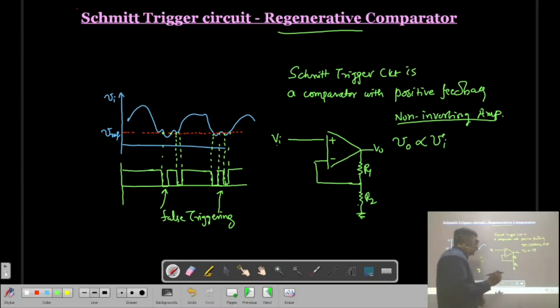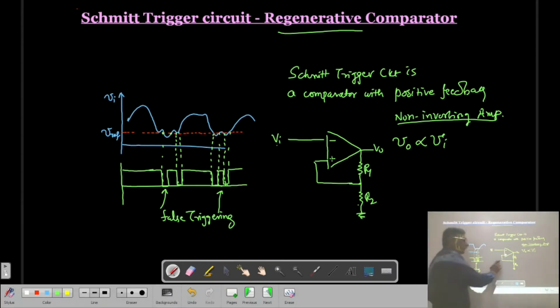But now here, if I interchange the polarity of this, so that this one is negative and this one is positive, means I apply my input signal to the inverting input of the operational amplifier and the feedback is given to the non-inverting terminal of the operational amplifier, then here we have a positive feedback.